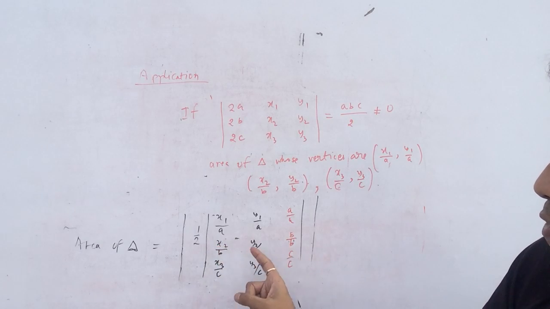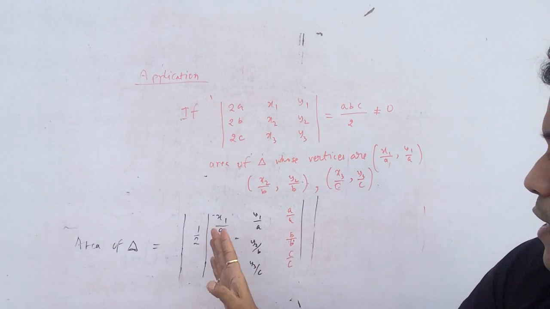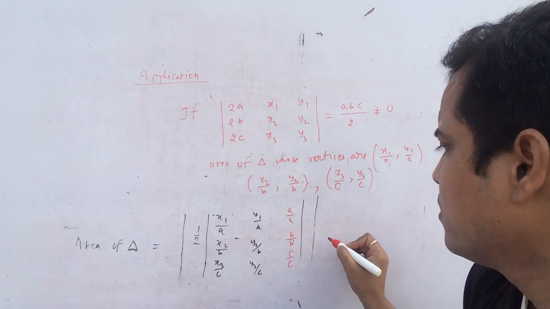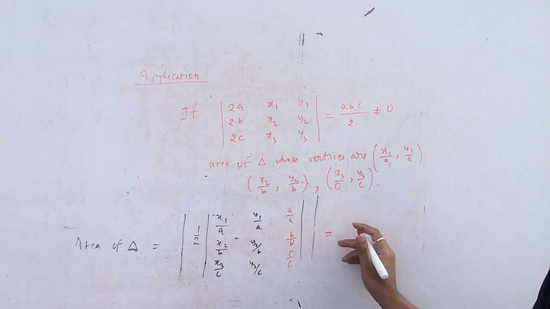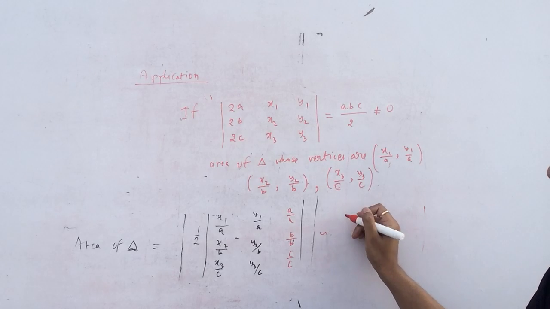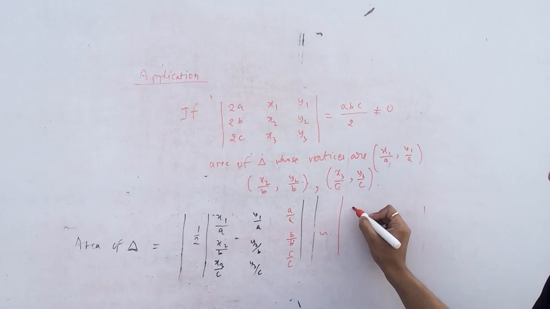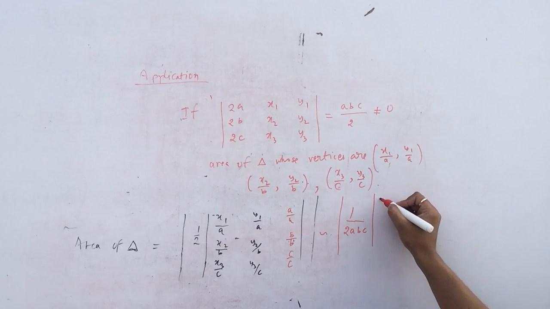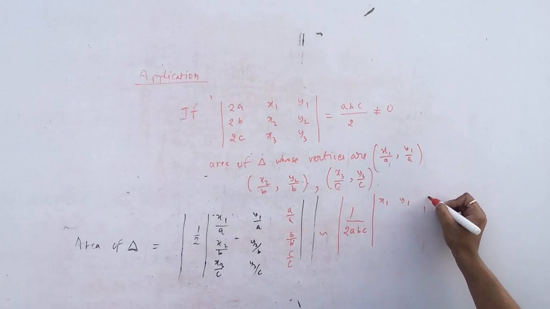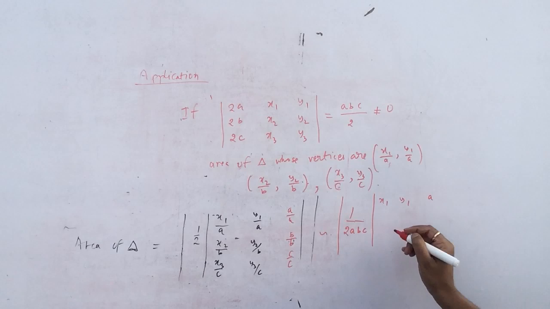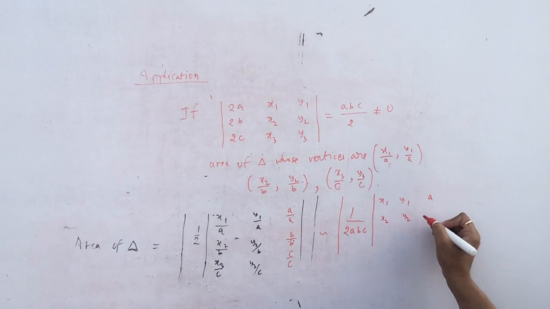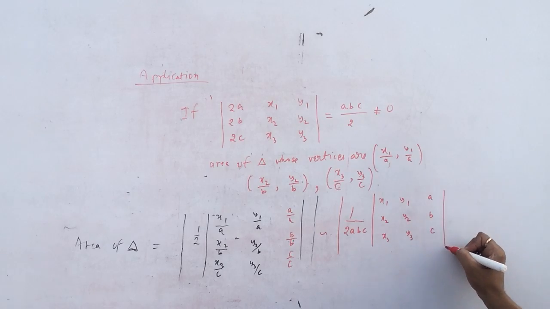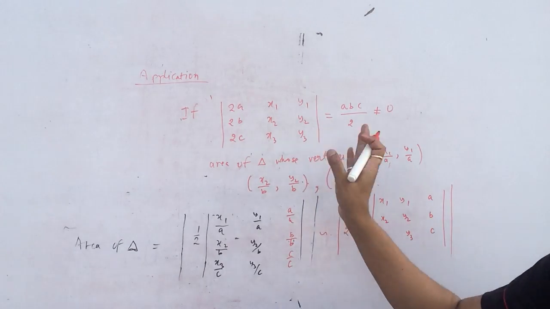In row 2 you have common multiple 1 by B, you can take it out. In row 3 common multiple 1 by C, you can take it out. What would you get? It is equivalent to mod of 1 by 2ABC times the determinant with rows x1 y1 A, x2 y2 B, x3 y3 C. Alright, what do you have?